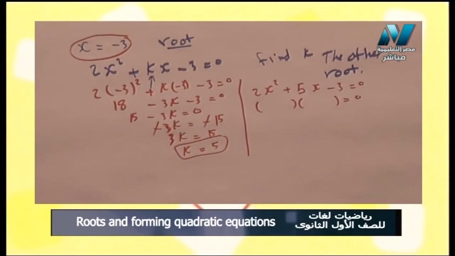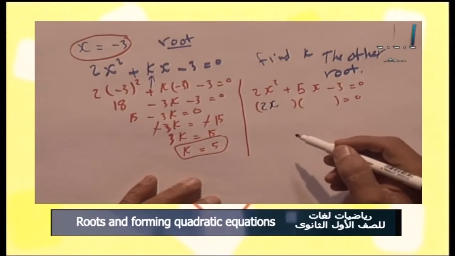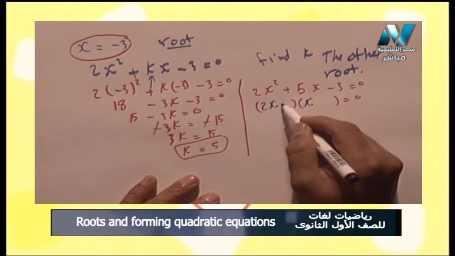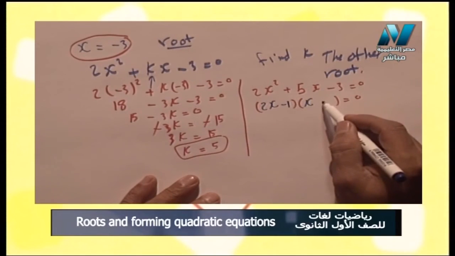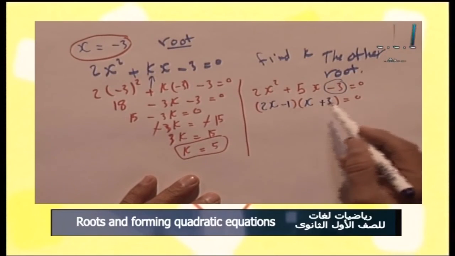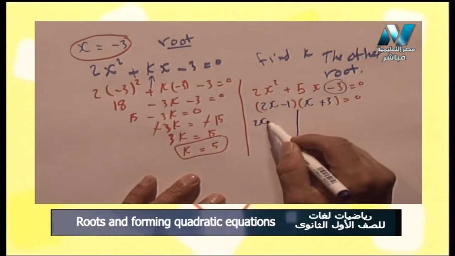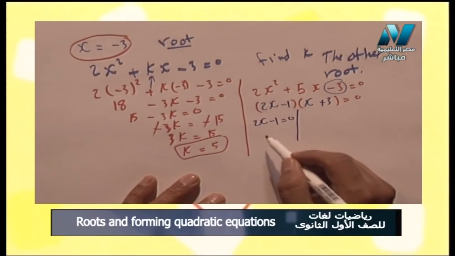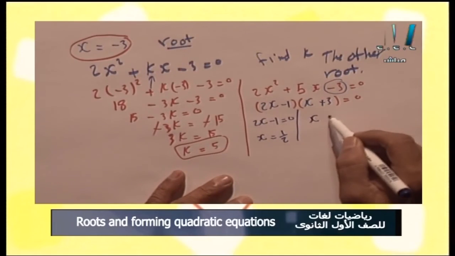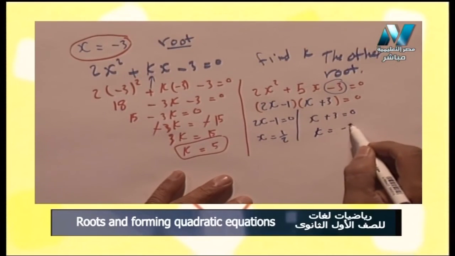We have 2x^2 will be 2x multiplied by x, and we have here negative 1 multiplied by positive 3. Negative 3 will be negative 1 times 3. So 2x - 1 = 0, so x = 1/2, and we have here x + 3 = 0, so x = -3.